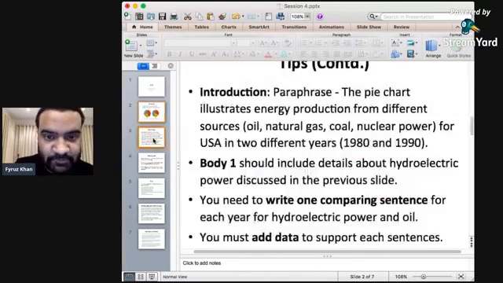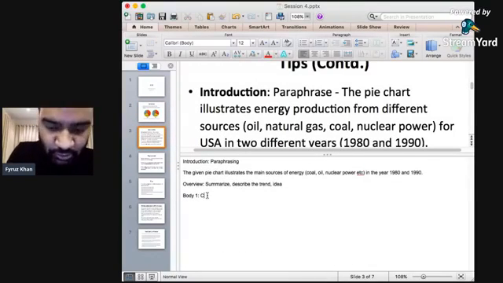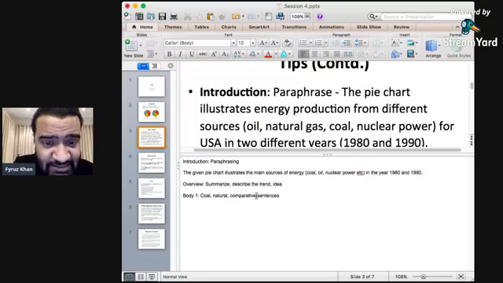So let's say in body one, you will talk about coal, you will talk about natural gas, and you will use comparative sentences. Compare them in different years, because your main task is to compare.